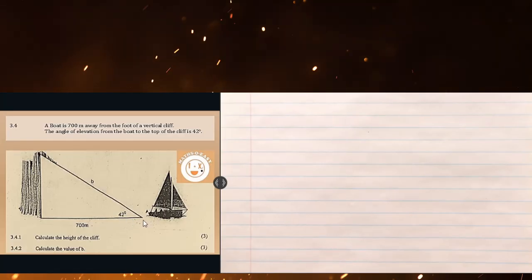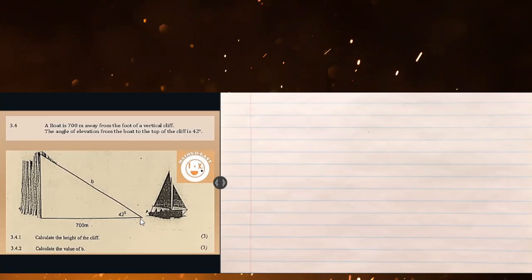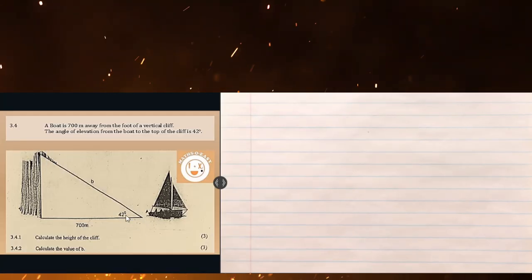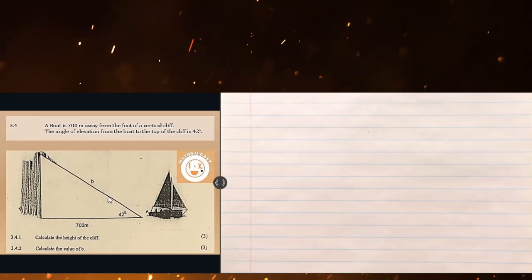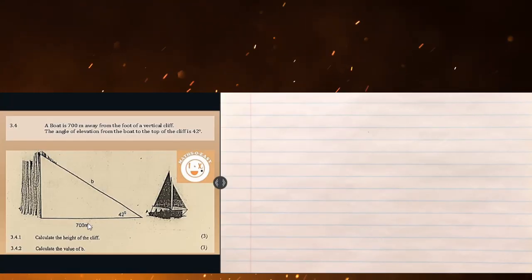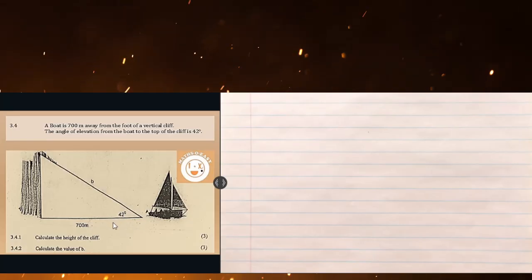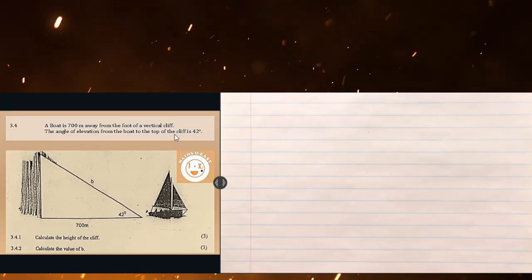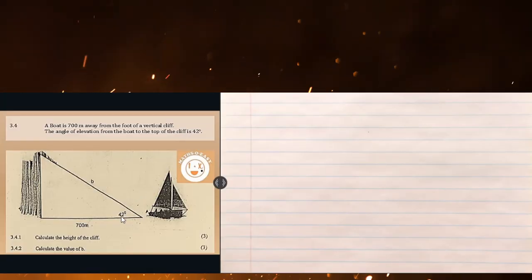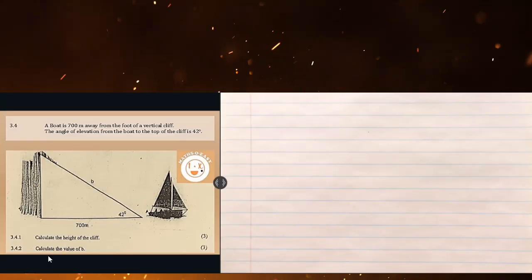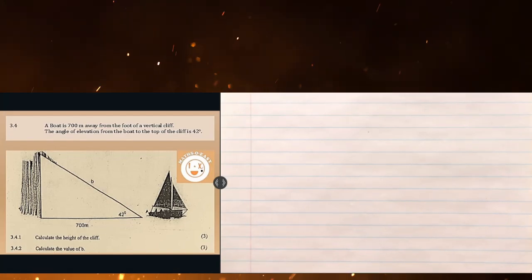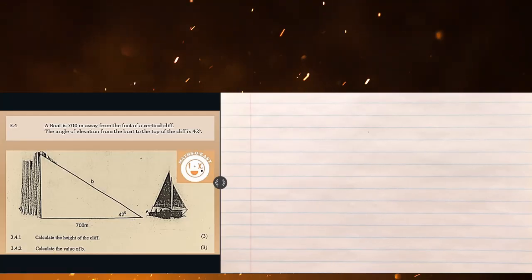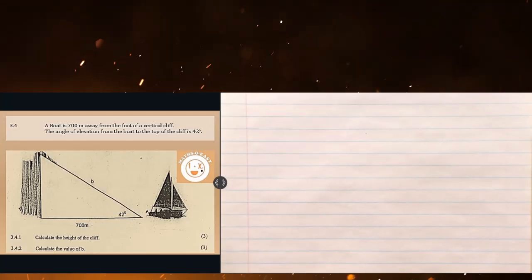So it means when these people look from here to there, that angle formed by that elevation from the horizontal is 42 degrees. Then they give you issues to solve and calculate for. Right, so that's all that is to the understanding.